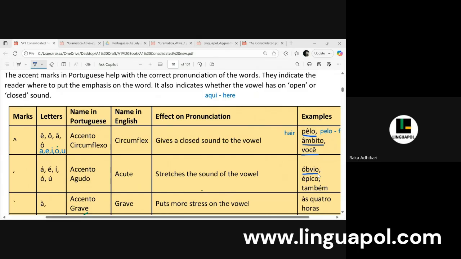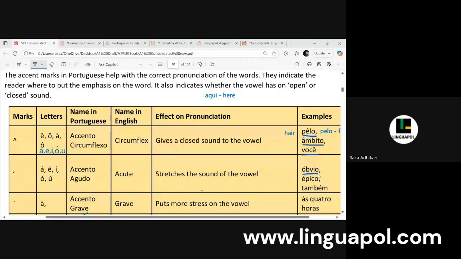Next, we have épico. Again, we are extending the sound of the E. If there was no accent on this, then I would say epico, because our natural stress comes on the second last sound, if you remember. We discussed this in the first or second class.